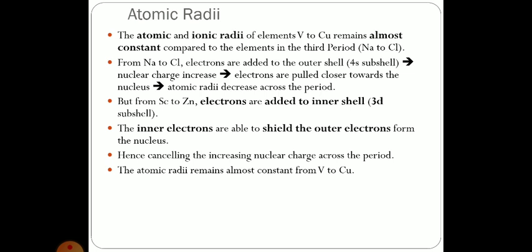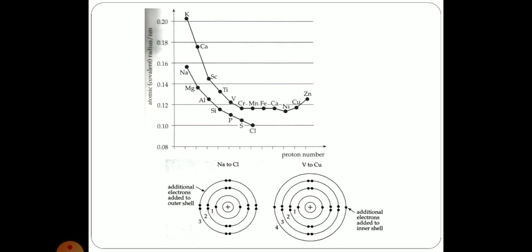This will cancel because the electrons are added in the penultimate subshell. Therefore, this cancels the increasing nuclear charge across the period. The atomic radii remain almost constant from vanadium to copper.